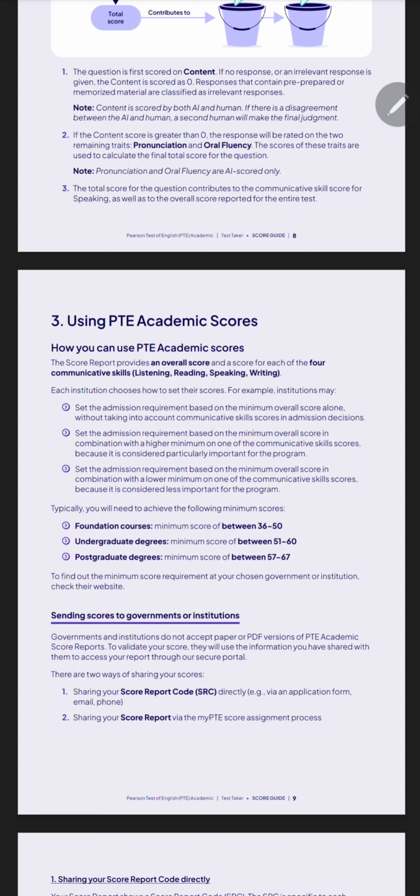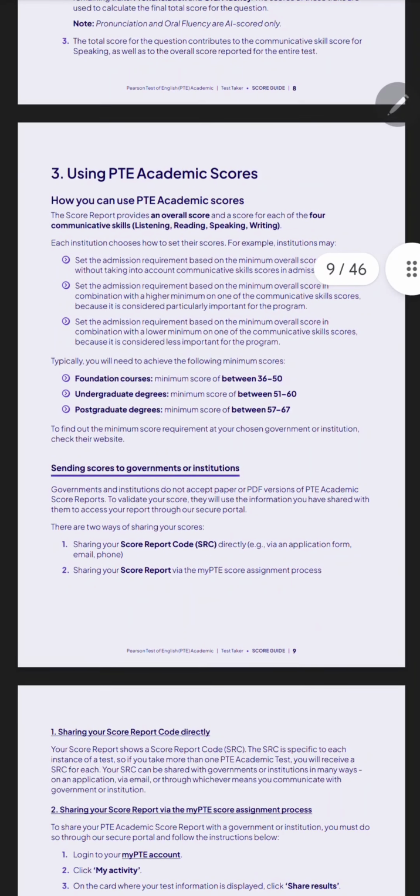But as I said, I have got an 8 overall for the IELTS test, so I do need to achieve higher than this range.